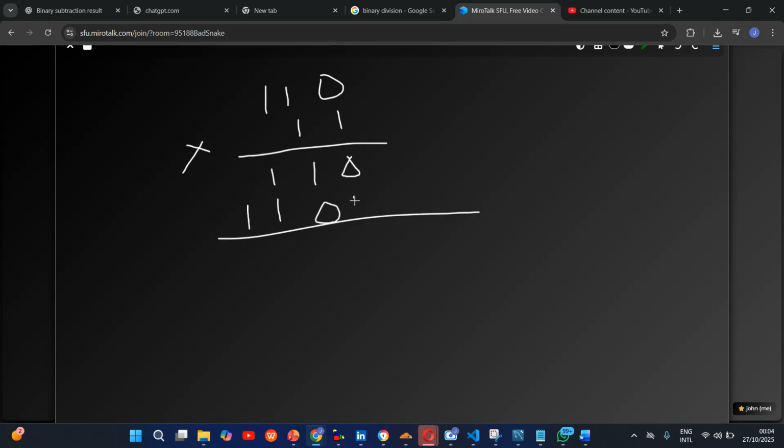Let's add zeros to the empty space. If I add these, 0 plus 0 is 0, 1 plus 0 is 1, 1 plus 1 is 0, carry 1, then 0 plus 1 is 1, plus that one is 0, plus the 1 we carried is 0, carry 1, so we have this.